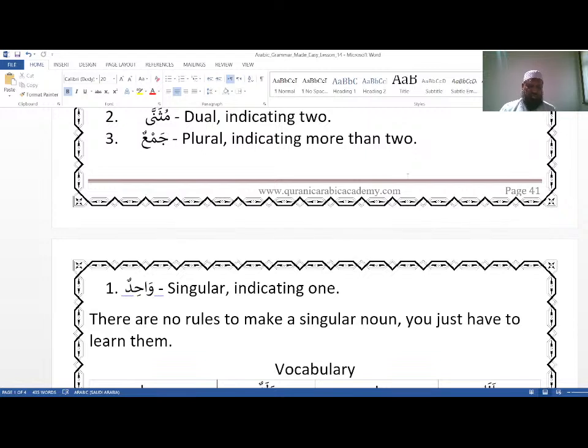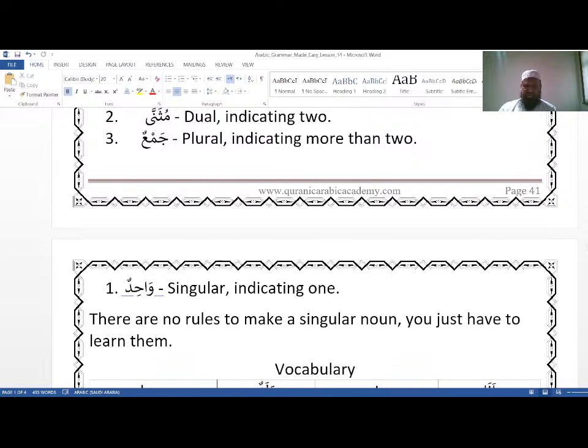How do you make a singular word in French, for example? In your mother tongue, there will be no rules for another language. So that's what we mean. There are no rules to make a singular noun for Arabic. Just learn them and memorize them.